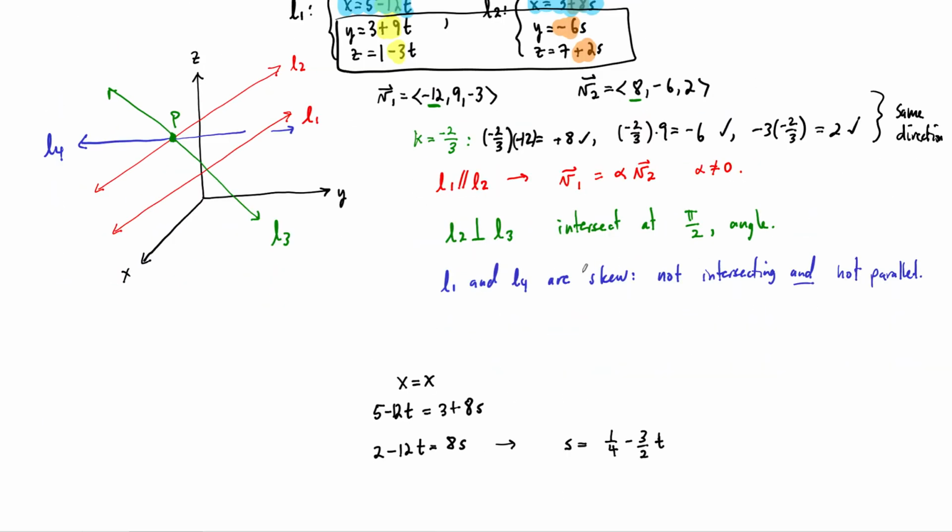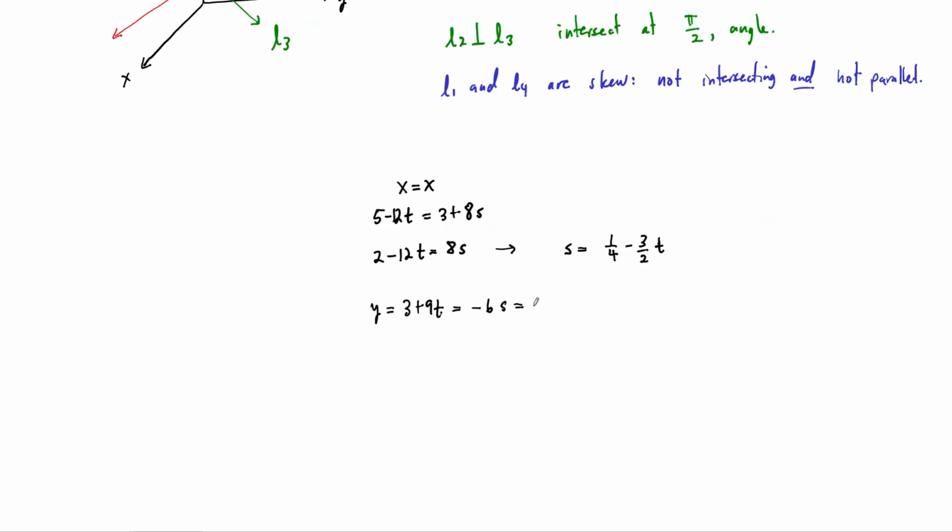So over here, we're going to plug in y equals. On one hand, it's 3 plus 9t. And on the other hand, it's going to be negative 6 times s. All right, but negative 6s is negative 6 times 1/4 minus 3/2 t.